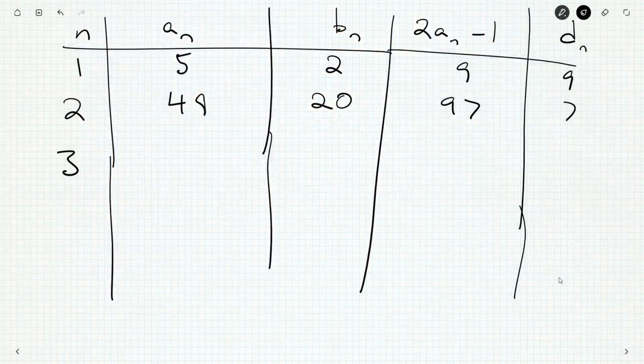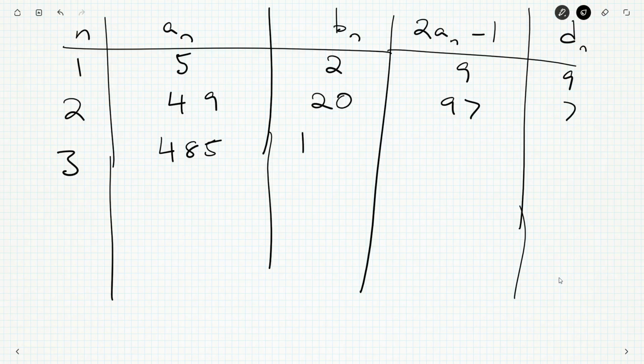So 3, so that would be 5 times 49, already these numbers are getting kind of big, plus 12 times 20. That's 485. Okay. This 9 just looks weird to me. Okay, and now it's 5 times 20 plus 2 times 49.